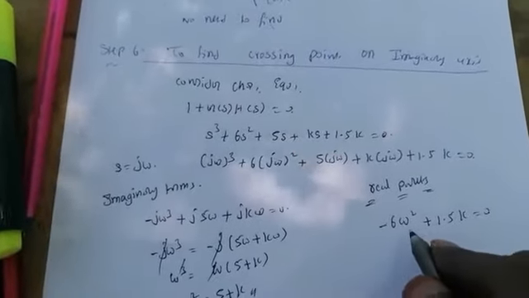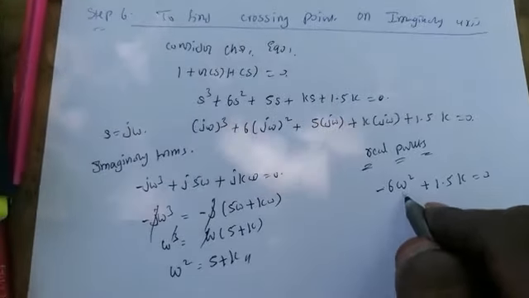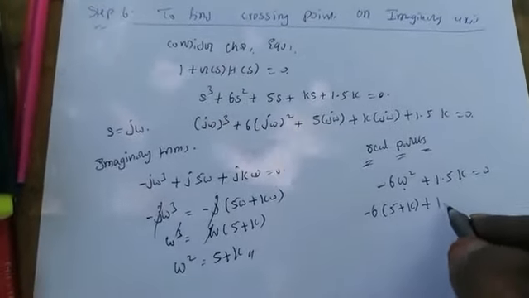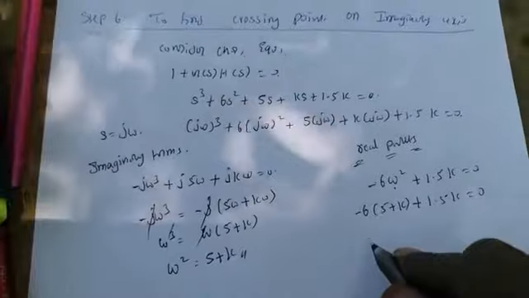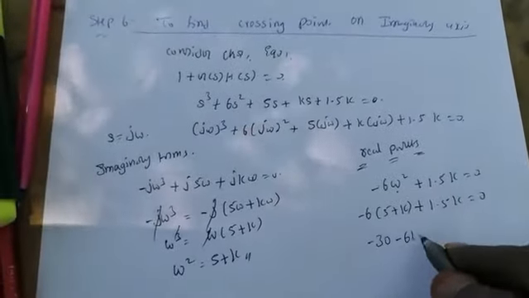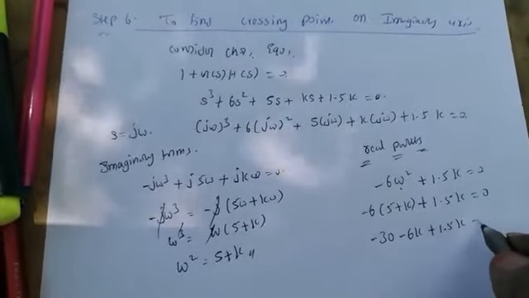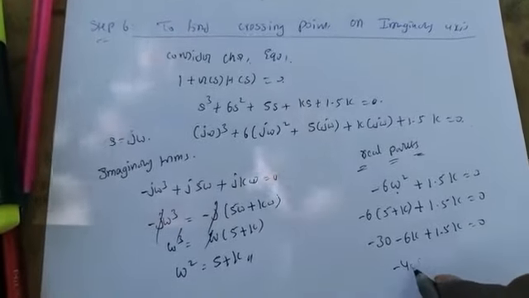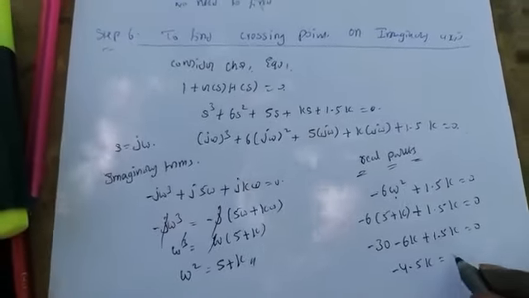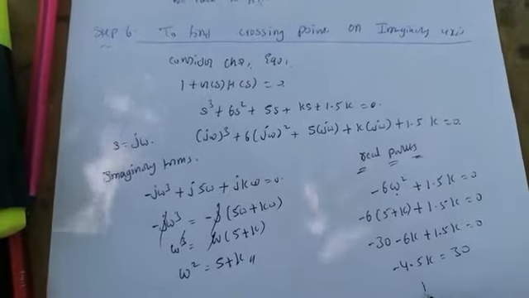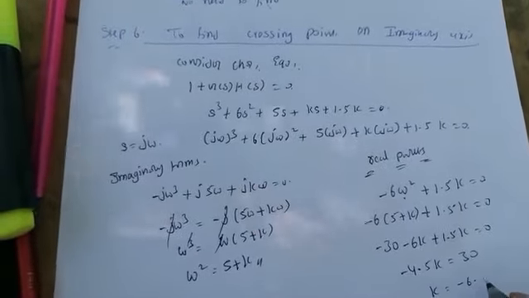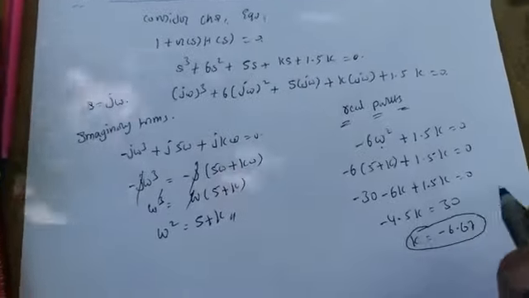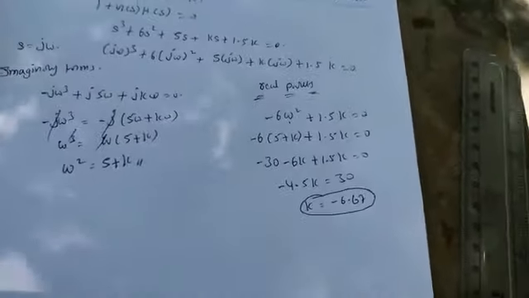So substitute the omega square value here, that is 5 plus k: minus 6 times (5 plus k) plus 1.5 k equals to 0, minus 30 minus 6k plus 1.5 k equals to 0, minus 4.5 k equals to 30, k equals to minus 6.67. So here we obtain the k value as minus 6.67.